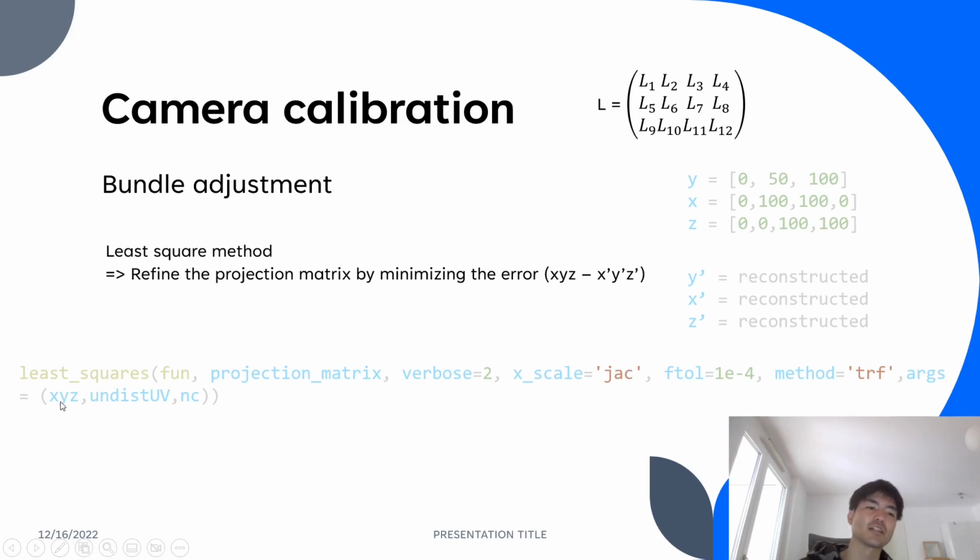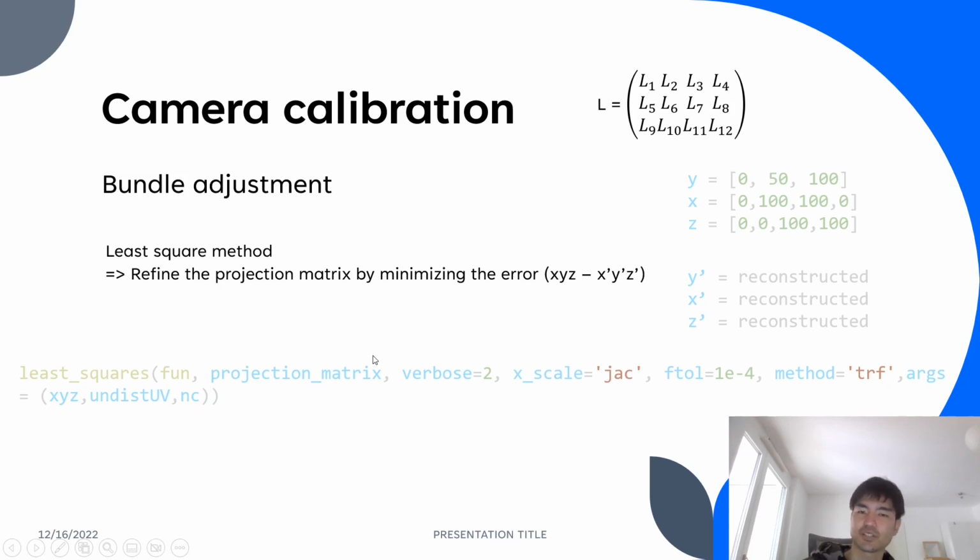Of course, you want to have the XYZ points of the calibration cage and the 2D points of the calibration cage from all the camera views, and the number of cameras you used, just in case you want some idea of how many cameras you used. But if you already know the number of cameras beforehand, you don't need to put this extra argument right here.